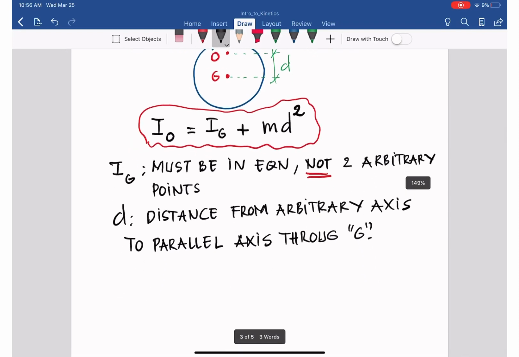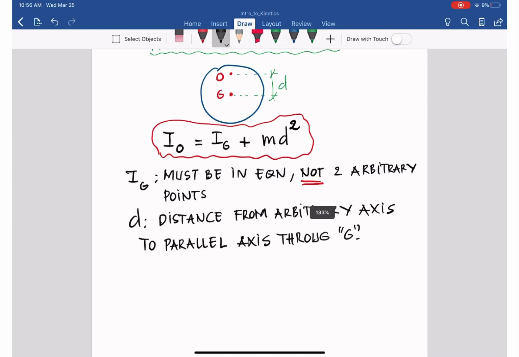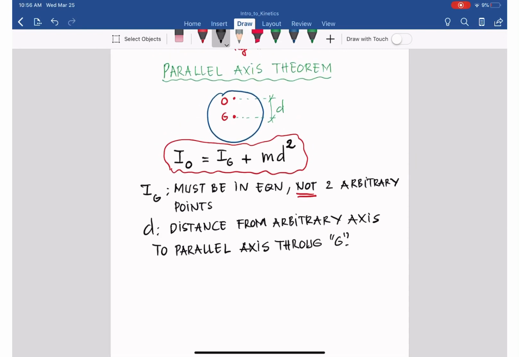Very important. So that is the equation to find the mass moment of inertia about another axis, using the axis through G.